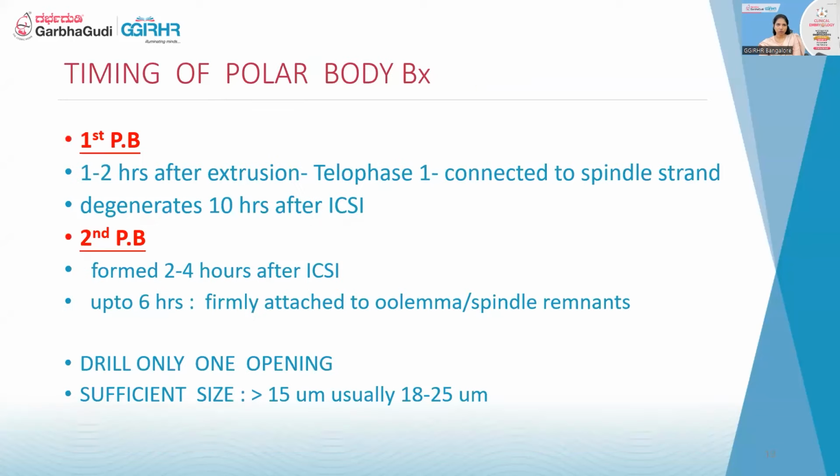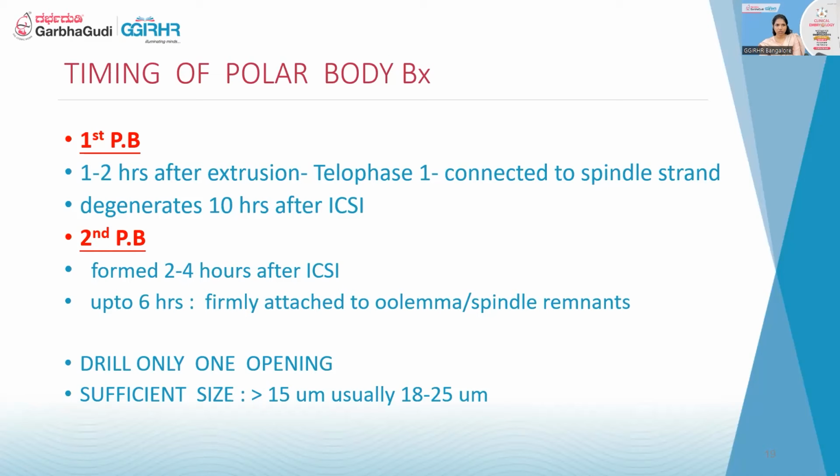How do we do the timing? 1 or 2 hours after extrusion we can do it. Typically the first polar body will degenerate 10 hours after HCG. The second polar body will form 2 to 4 hours after HCG and last up to 6 hours. They will be firmly attached to the oolemma or the spindle.